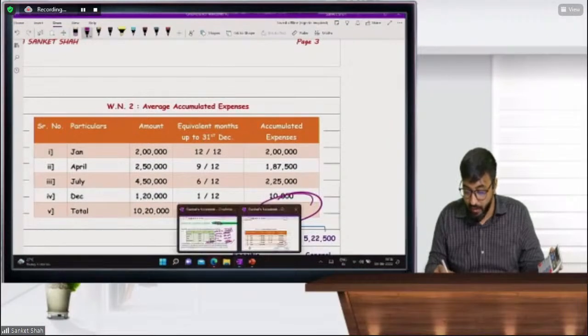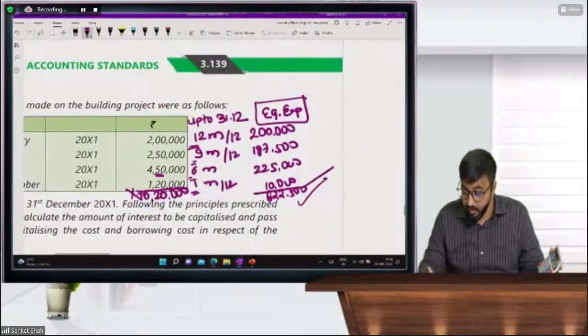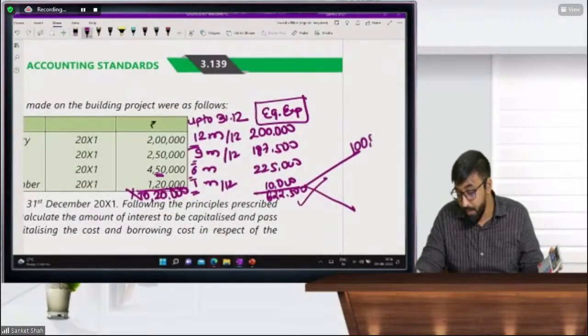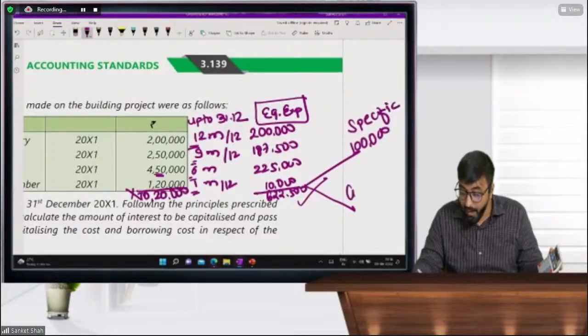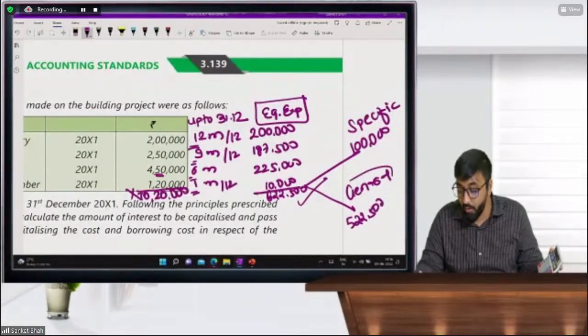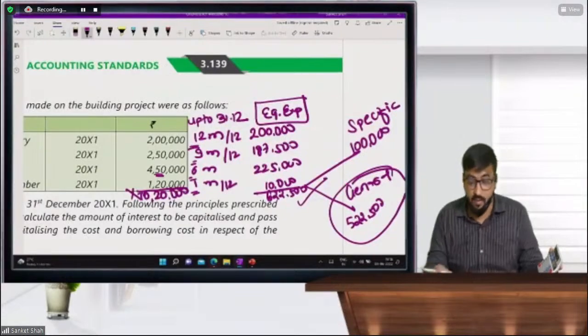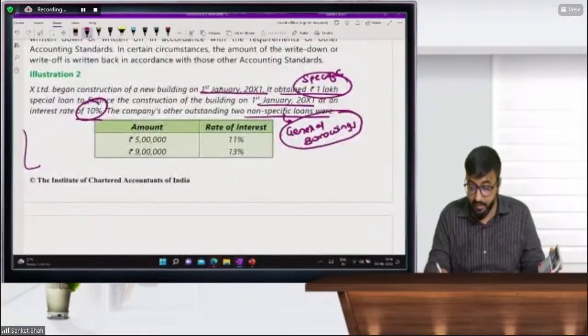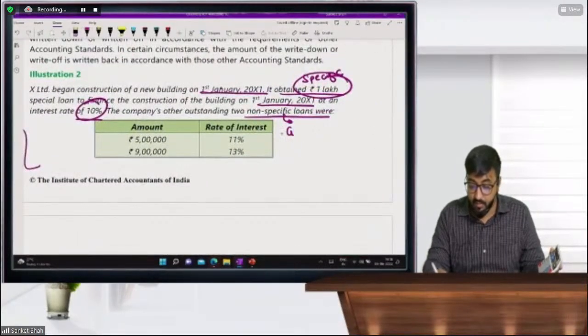You can check here 6,22,500. Out of this 6,22,500, you can bifurcate it: 1 lakh is for specific borrowings, and for the remaining 5,22,500 you have taken general borrowings. Now the general borrowings interest rates are 11% and 13%.